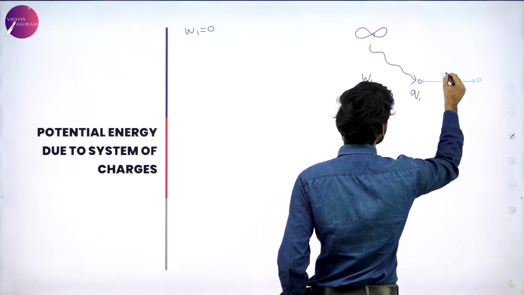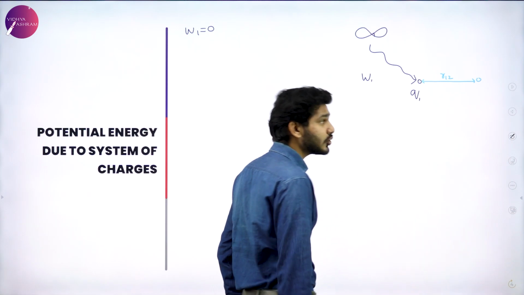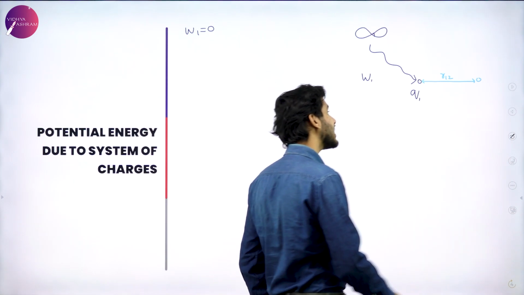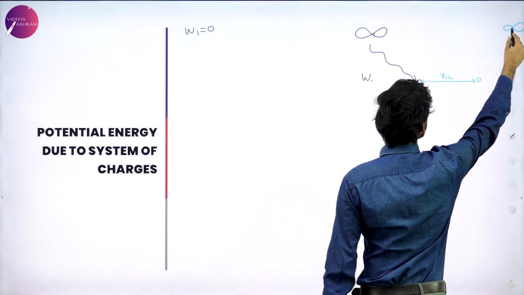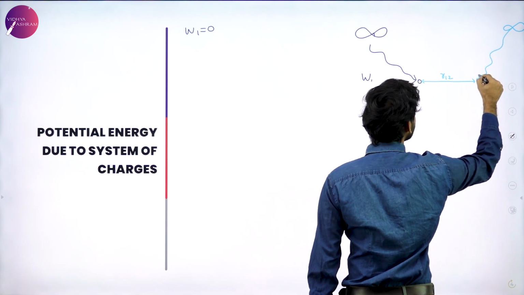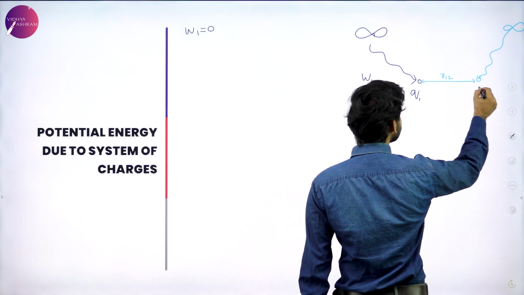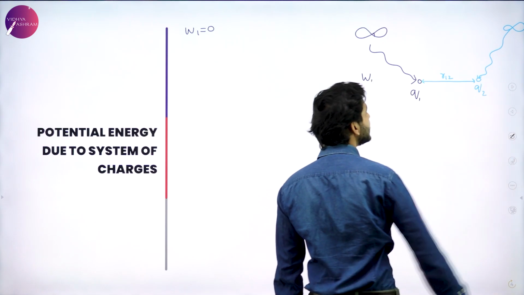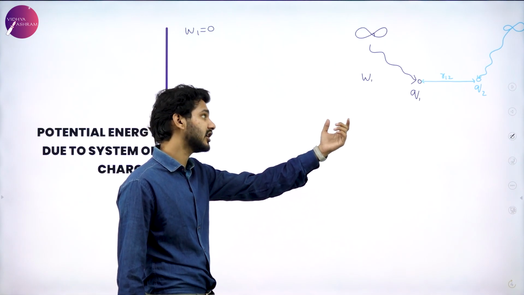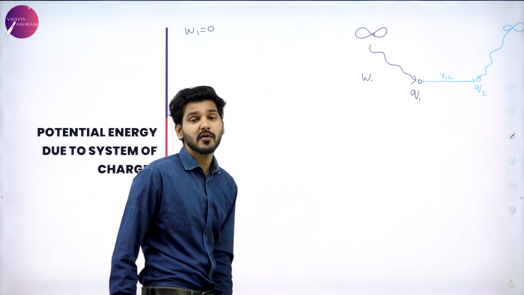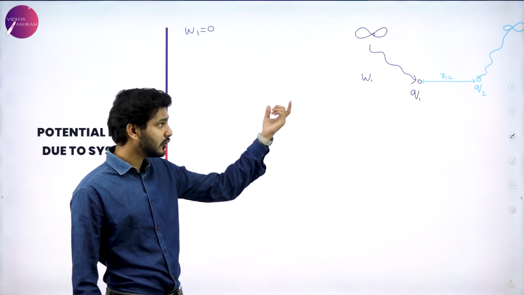So I am going to bring a charge again from infinity to this particular point. So this is Q2, which means that I am bringing another charge from infinity to that particular point. But this time, will it be the same as W1?